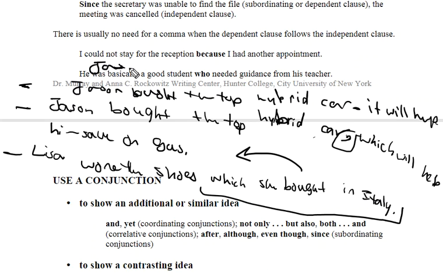Jason, car colon, it will help him. Of course, we start off with a small letter, especially if it's not a quotation. Unless it's a quote or something like a proverb, then we are free to capitalize the initial letter coming after the colon. It's a proverb, like, for example, an apple a day keeps the doctor away.